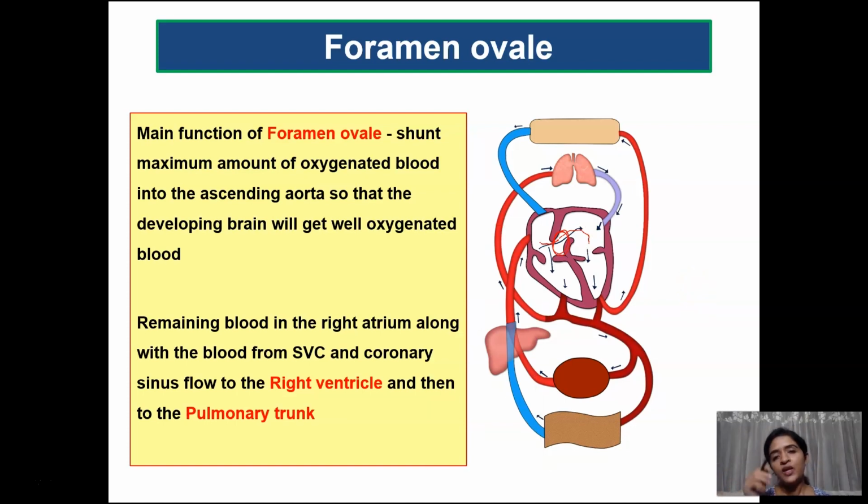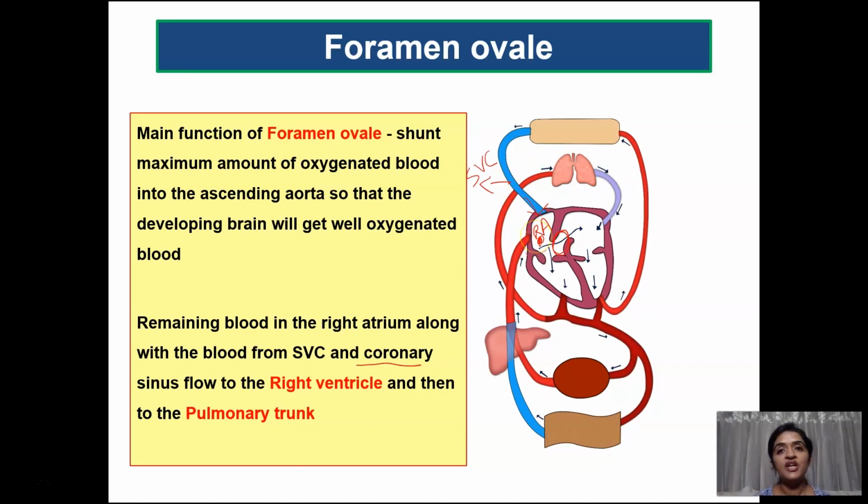We just mentioned it. So what happens to the remaining blood in the right atrium? This is the right atrium and this is the superior vena cava. There is also a small opening in the right atrium for the coronary sinus. So in the right atrium, you have blood coming through the superior vena cava and through the coronary sinus.